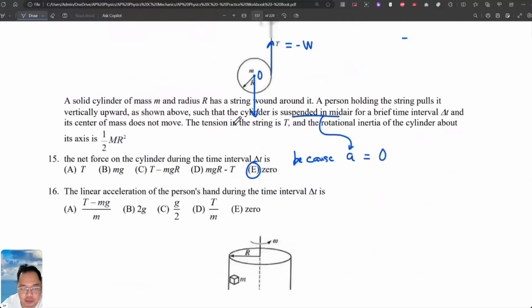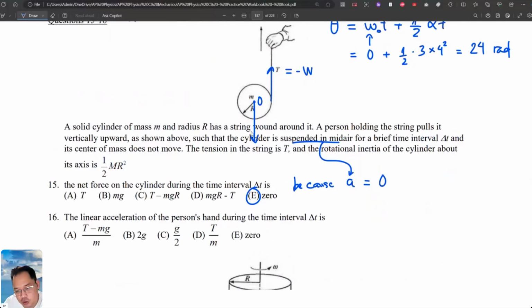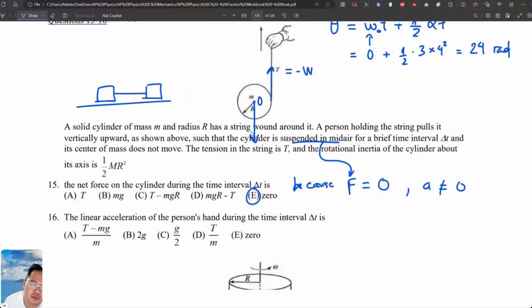Oh, sorry. The net force is 0, but the acceleration is not 0 because the object is rotating. Even though the force is 0, the acceleration is still different from 0 because this is rotation, not only the translational motion like a block sliding on a surface. Acceleration is still different from 0, and we need to find it.